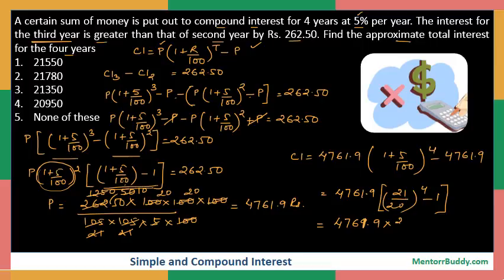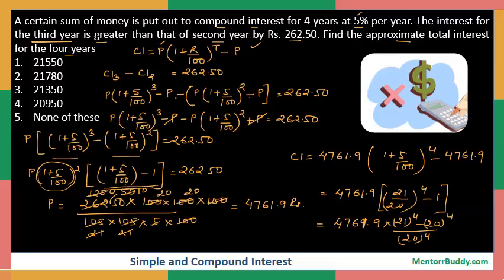So this will give me 21 to the power 4 minus 20 to the power 4, and in denominator it has 20 to the power 4. So when I do the calculation, that is 21 to the power 4, I can write it as 441 multiplied by 441, which gives me 194481.